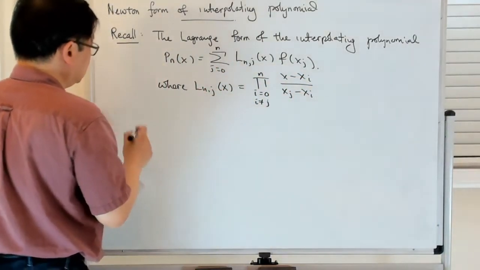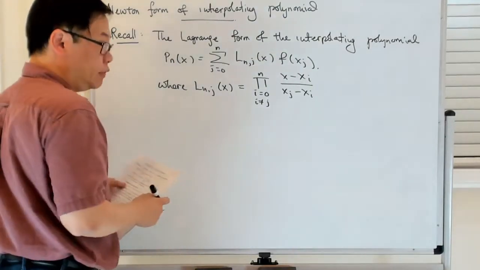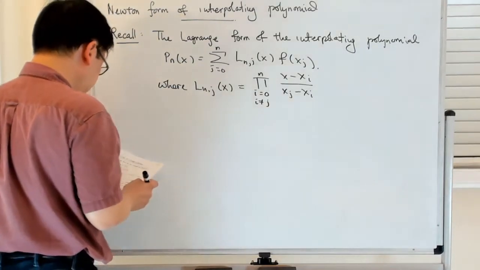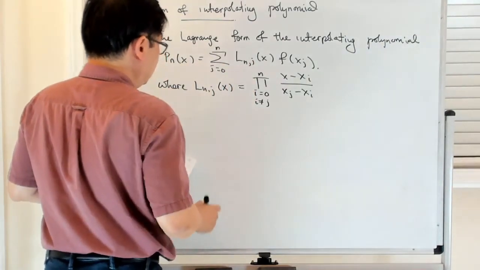Okay, so the point is that this form of the interpolating polynomial is very inefficient to evaluate in terms of the number of floating point operations.